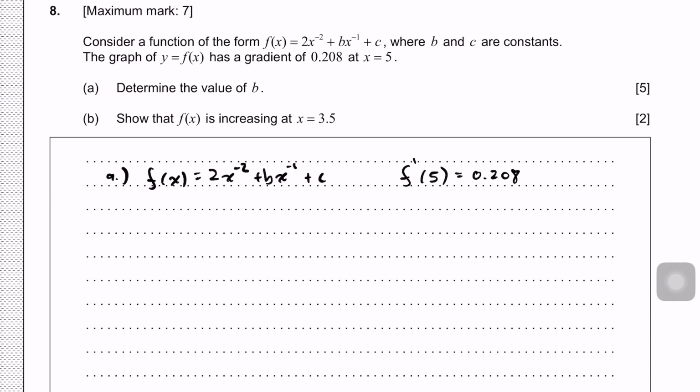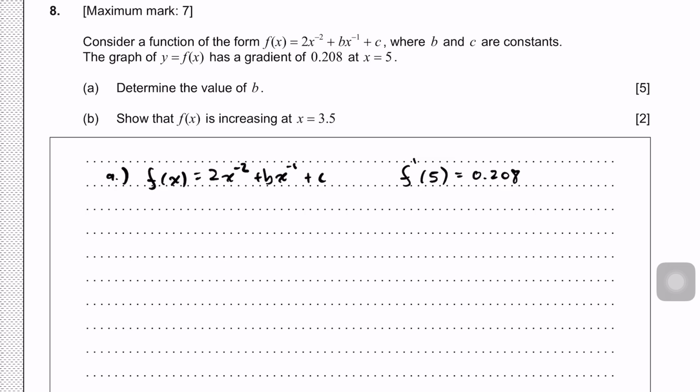And that might look a little confusing, but all that we're saying is when x is equal to 5, when we substitute that into the derivative, we get this answer of 0.208. That's the situation where we know 2 things out of 3 unknowns. So if we know 2 out of the 3 things, then we can solve for the final one.